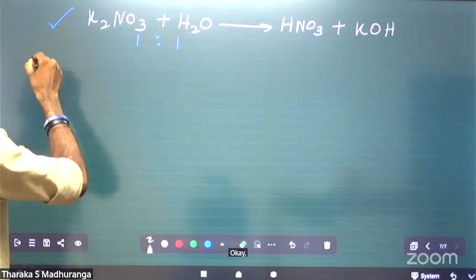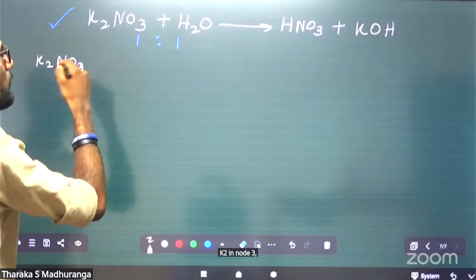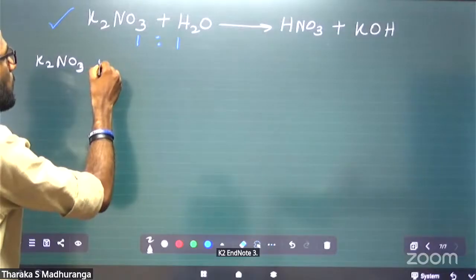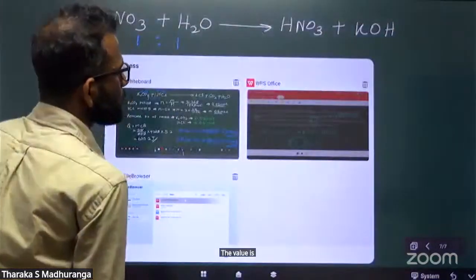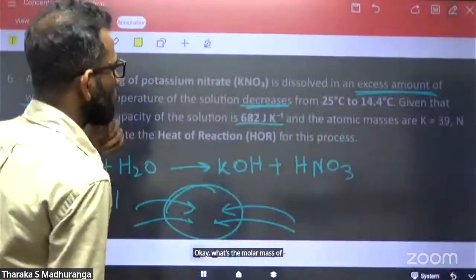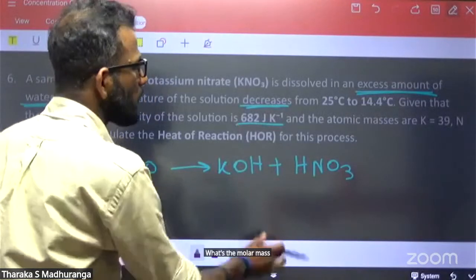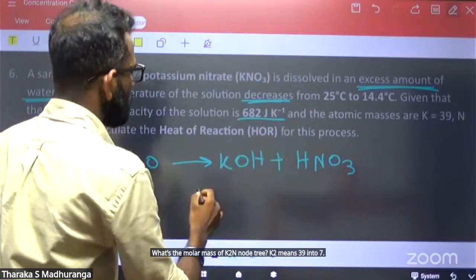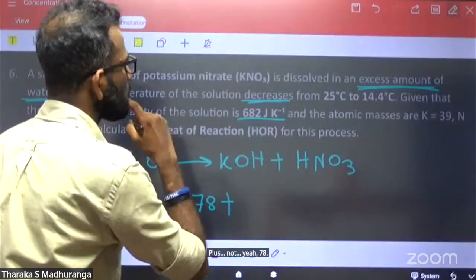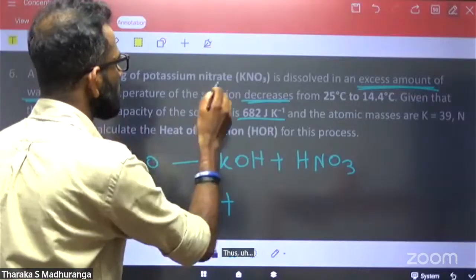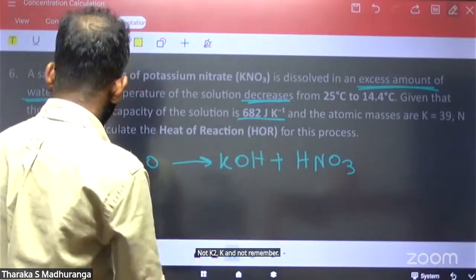Okay, first of all, I am going to get the number of moles of KNO3. What's the molar mass of KNO3? Not K2, KNO3, potassium nitrate.